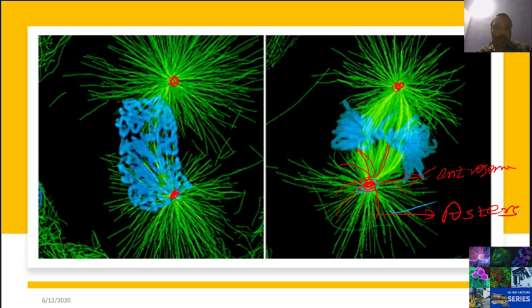The centrosomes move away from each other as the cell cycle progresses, by oppositely acting pressure as part of the lengthening of microtubules. And these are the five major events in prophase.